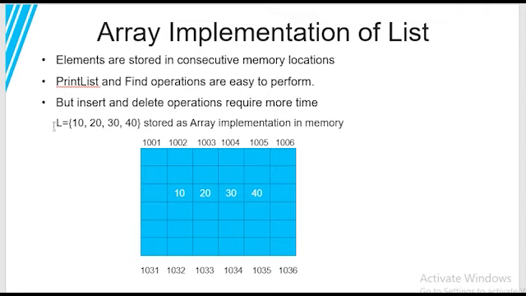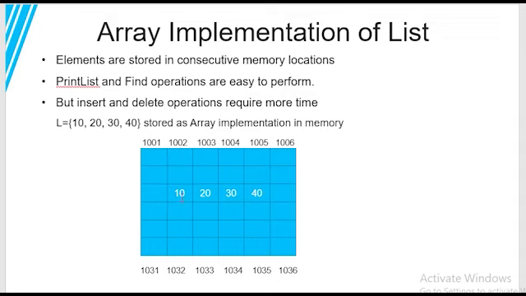Consider an example. This is a list L which contains 4 elements: 10, 20, 30 and 40. Since it is an array implementation of a list, all elements will be stored in continuous memory locations. So this is the memory allocation. This is position 1001, then 1002, 1003, 1004, 1005, 1006.